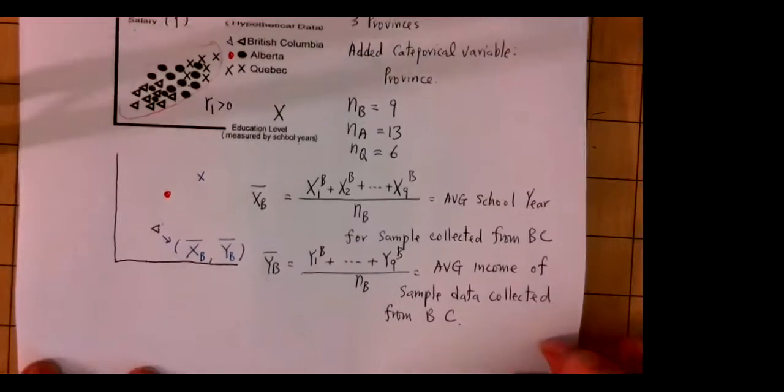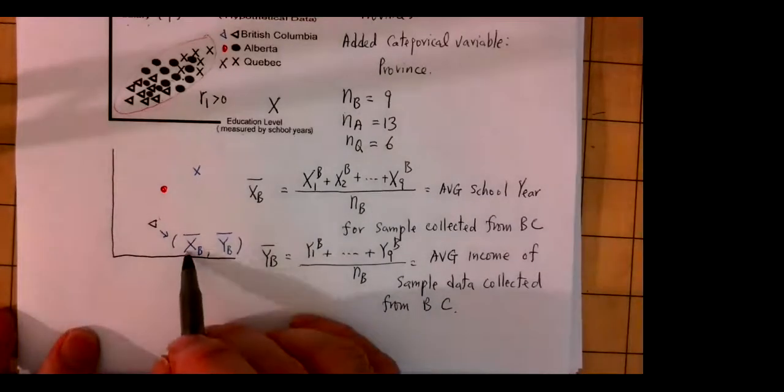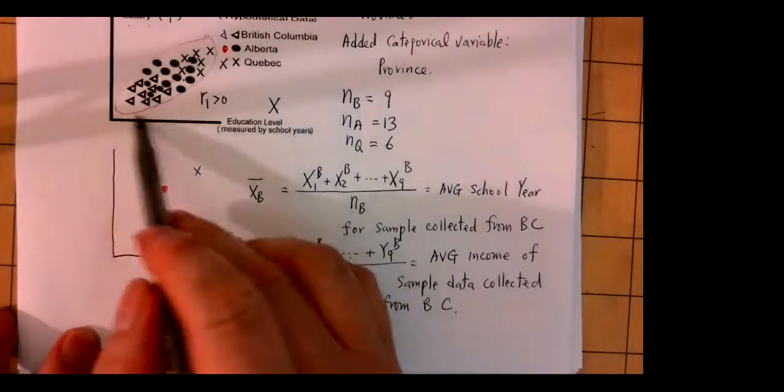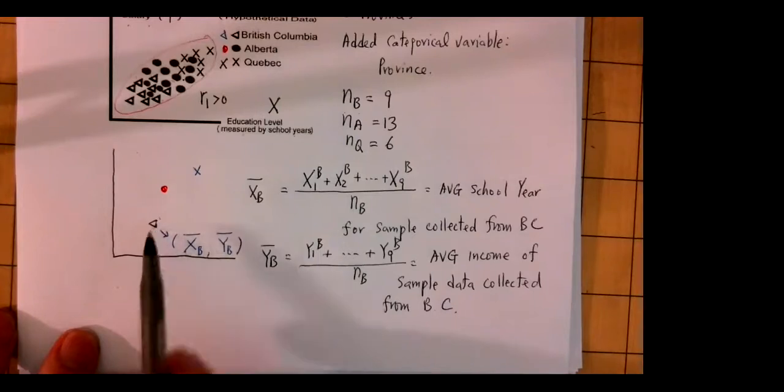From BC. So this is called the point of averages. That is the center of those data collected from BC. Just summarize all information by a single point. Use the single point to represent the whole BC, okay?